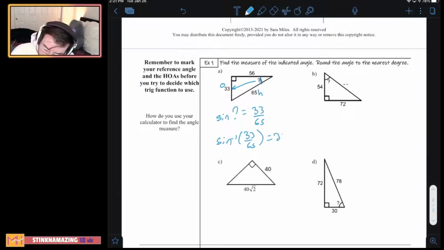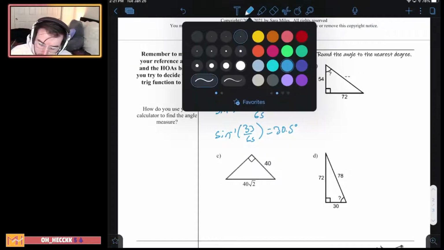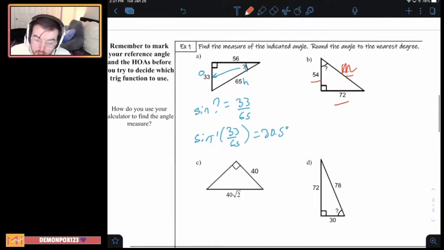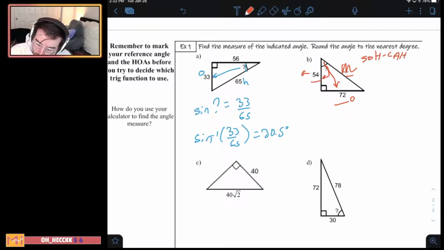I'll try to explain the next one one more time. I label here. I don't know all three sides. It looks like I did, but it looks like I got cut off, so we're going to ignore that. Just use what you're given. I know that this is the opposite side. I know that this is the adjacent side. So toa. I'm forced to use tangent because I know the opposite and I know the adjacent.